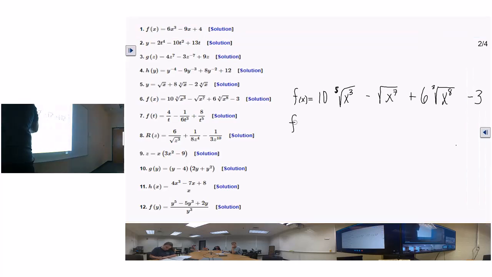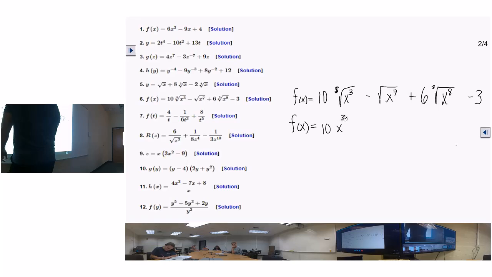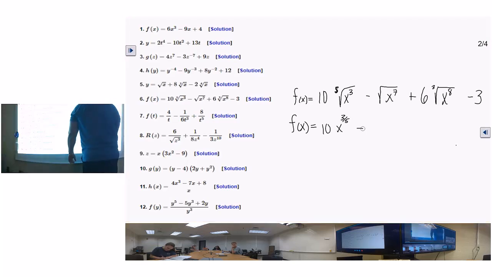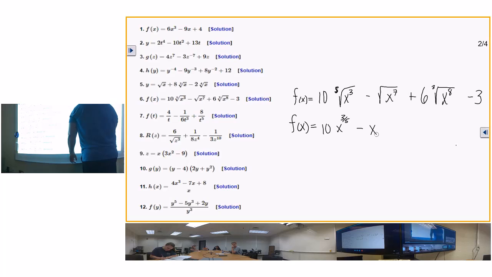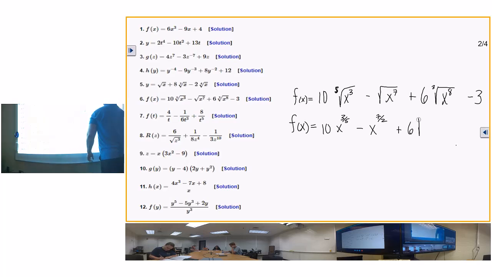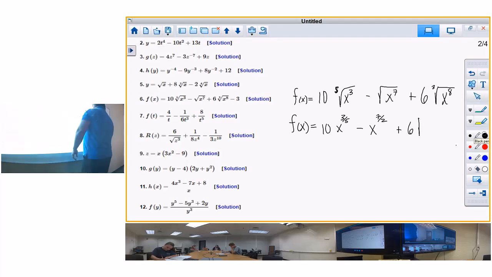F of x is equal to 10 times x to the 3/5, exponent over index, minus x to the what? 7/2, plus 6 times, I'm sorry, not cube root, that's going to be exponent over index, 8/3.